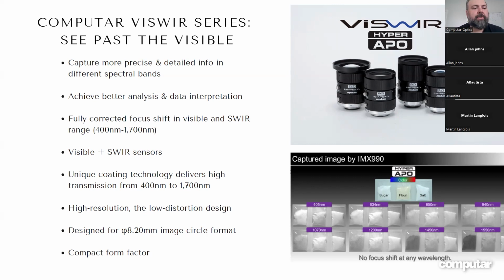You'll be able to switch between the visible and SWIR spectrum without having to adjust the focus. Not only do we have these in fixed focal, we also have the zoom that we just showed you. Again, high resolution, low distortion design, designed for the 8.2 millimeter image circle format, so a 2/3 inch, and a very small compact form factor.